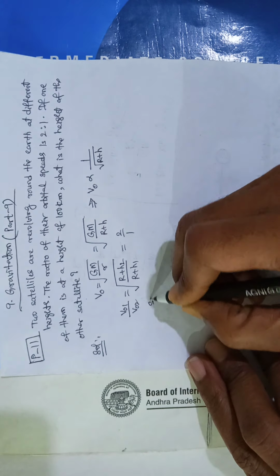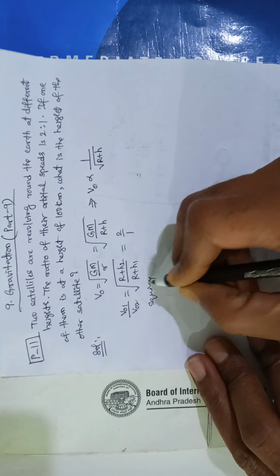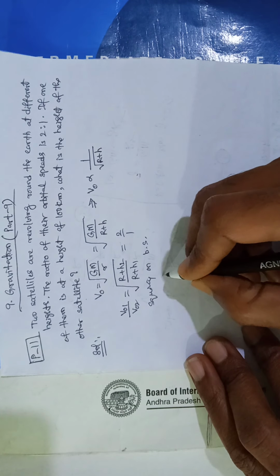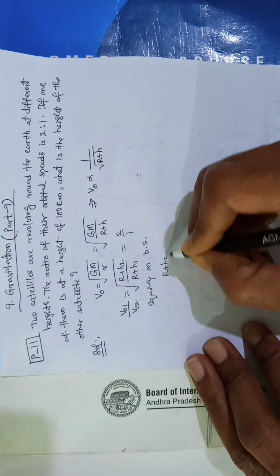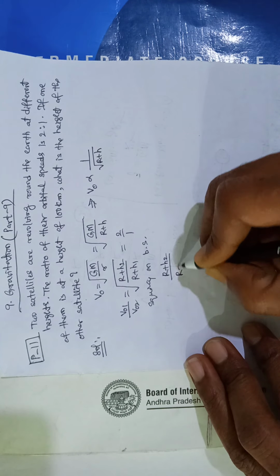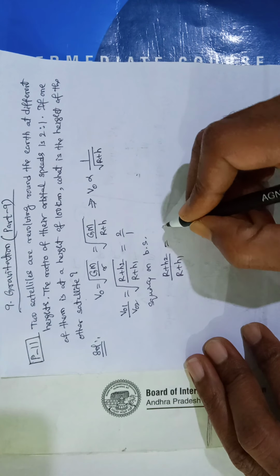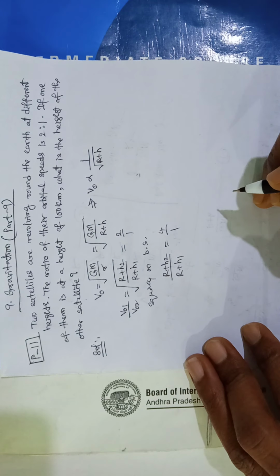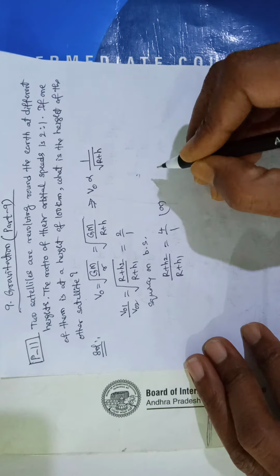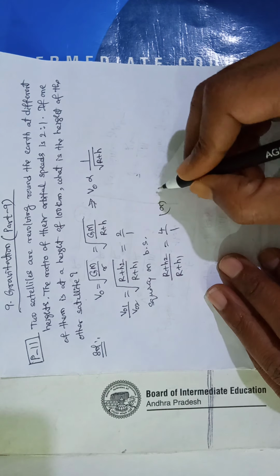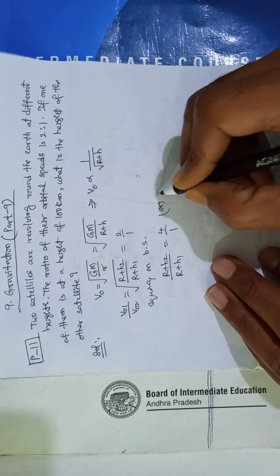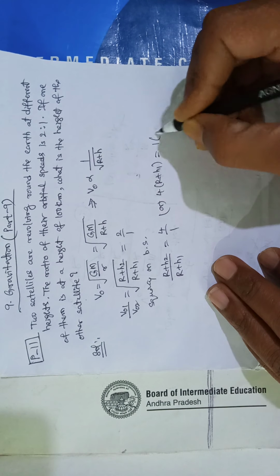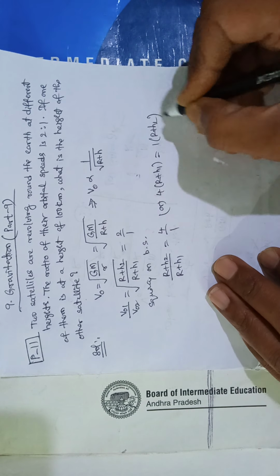Squaring on both sides, you can write 4 into R plus H1 is equal to 1 into R plus H2.